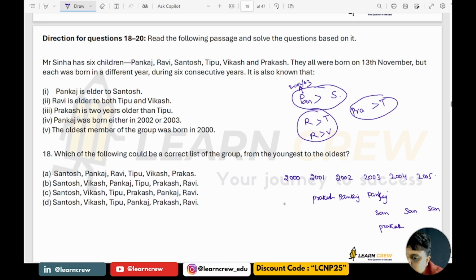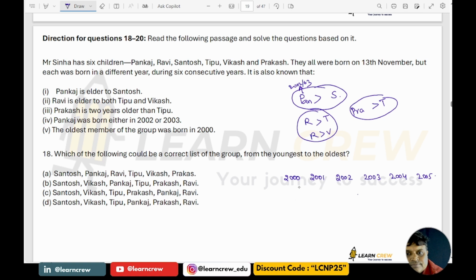And Prakash can also be here. Different data is given, Ravi is elder to both Tipu and Vikash, so we have different possibilities here. We will just see the questions and accordingly we will see.